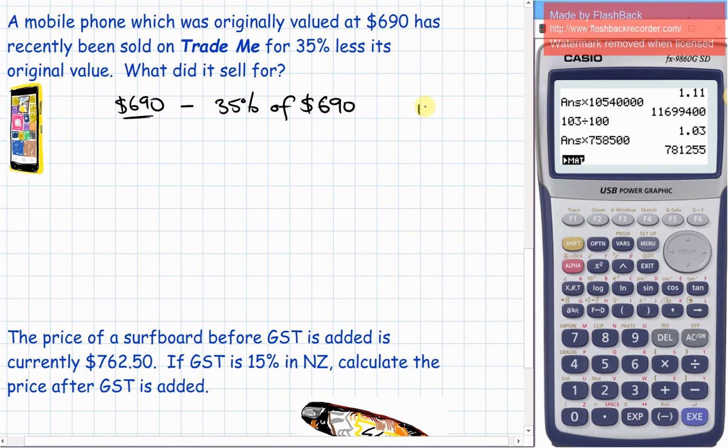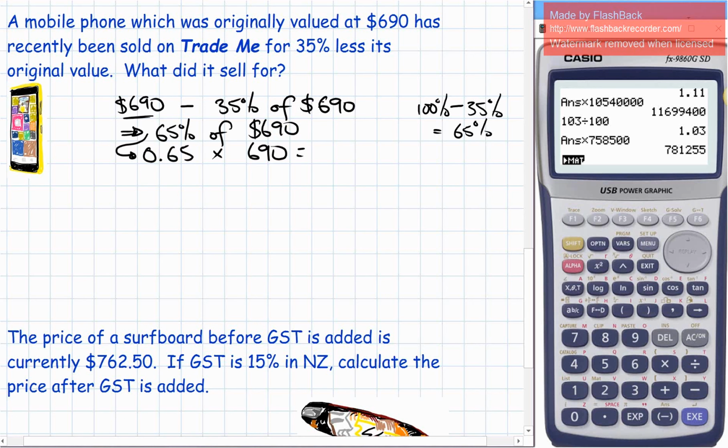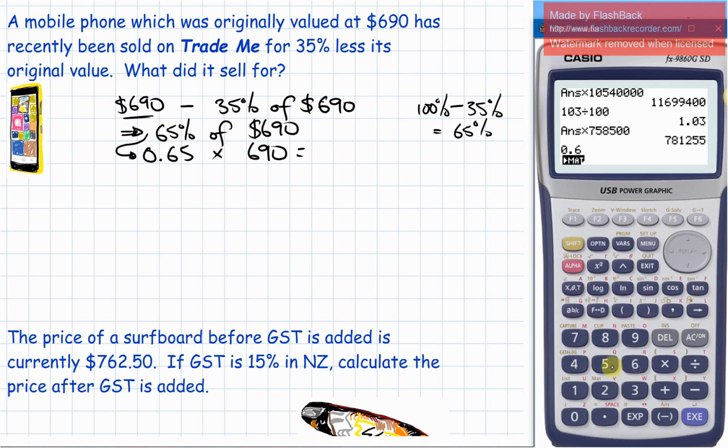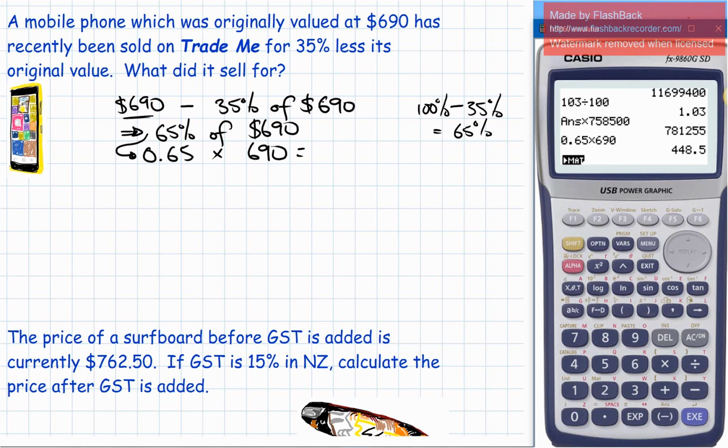So 100% minus 35%, and that will give me 65%. So I'm finding 65% of $690, and then straight into our calculator. 0.65 times 690, $448.50.